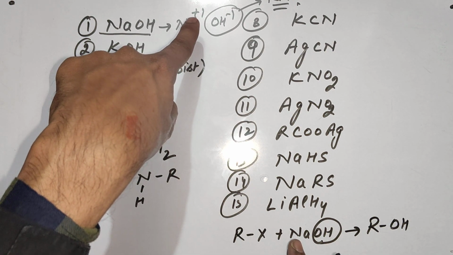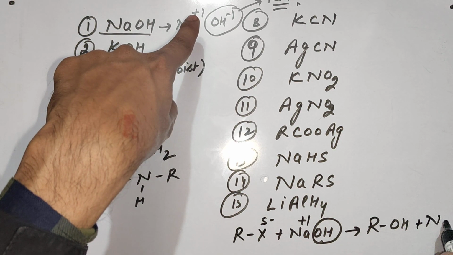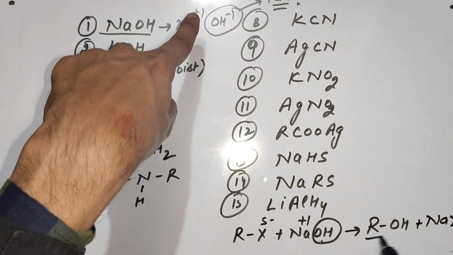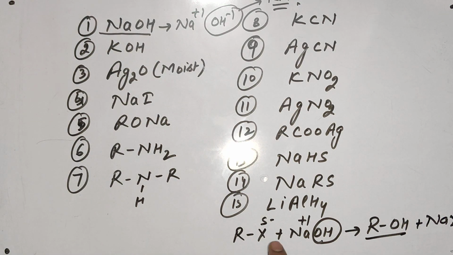ROH will be generated, and Na, carrying a positive charge, and X, carrying a negative charge, will combine together and make NaX. Now you can see that after the nucleophilic substitution reaction of RX by NaOH, a new organic compound is generated, ROH, an alcohol. These reactions have so much importance because after these reactions we are getting new organic compounds.